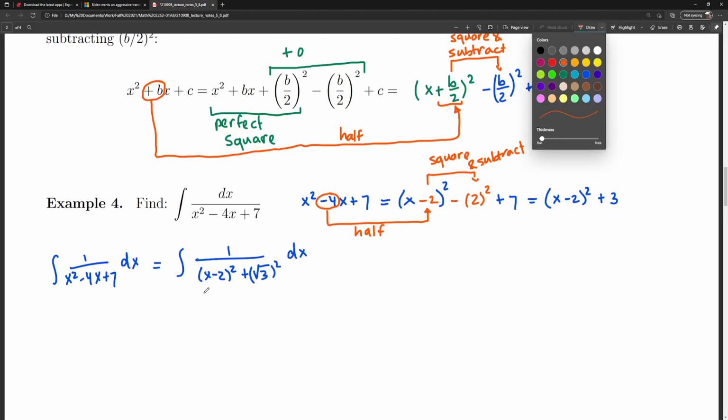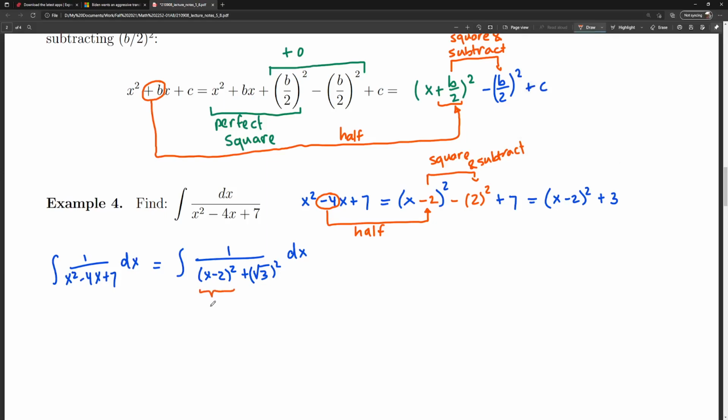So now hopefully you'll recognize this as something of the form 1 over u squared plus a squared, and that's part of theorem 5.19. So the substitution that we want to use here is that u equals x minus 2. And fortunately, du equals dx, so this is going to be a very simple substitution. And then we also have that a equals square root of 3.